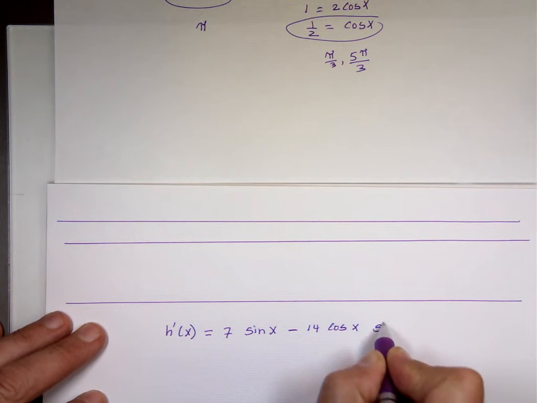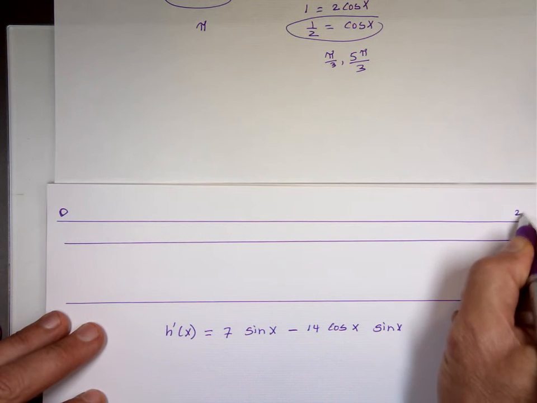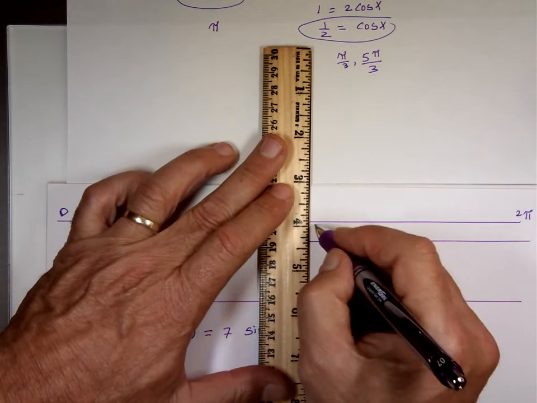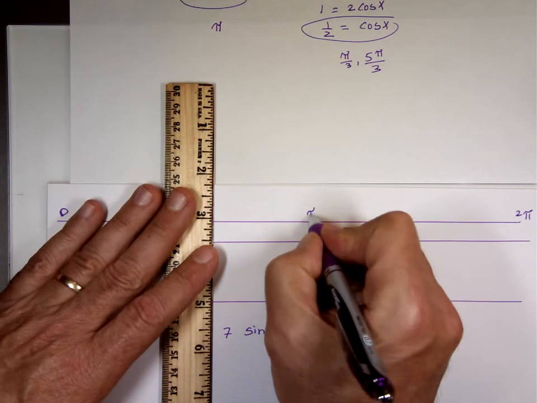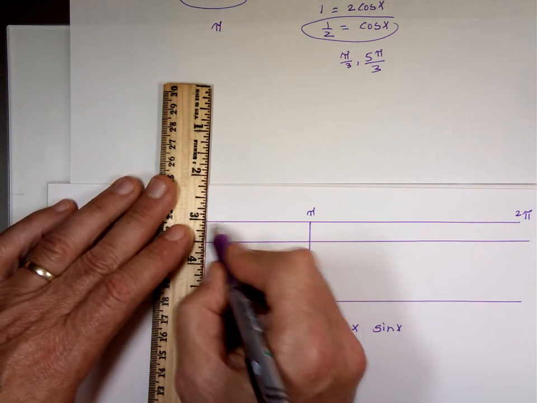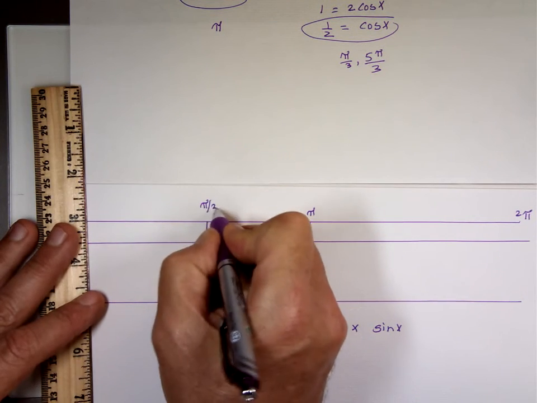This is the 0. This is the 2 pi. And I have 3 cuts in it. This is the pi. This is pi over 3. And this is 5 pi over 3.